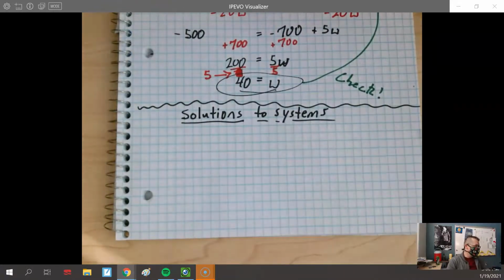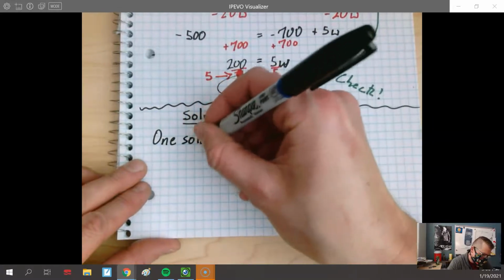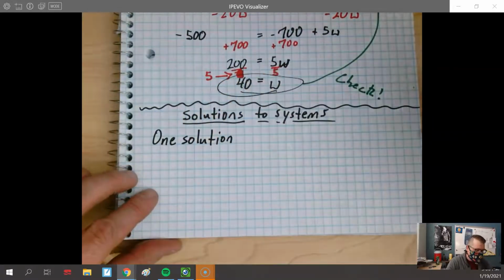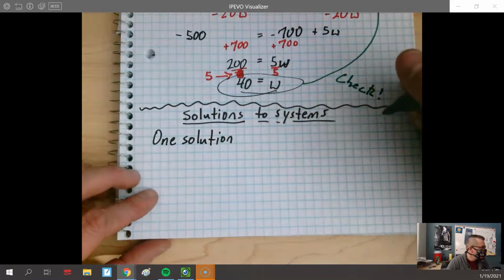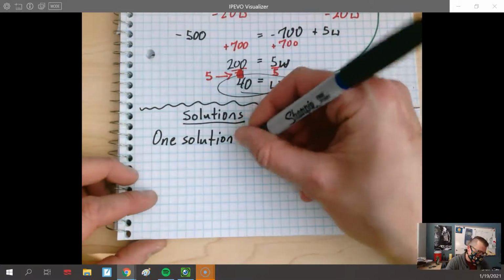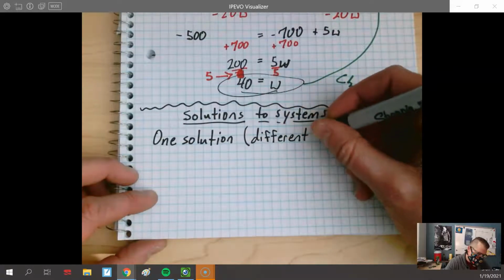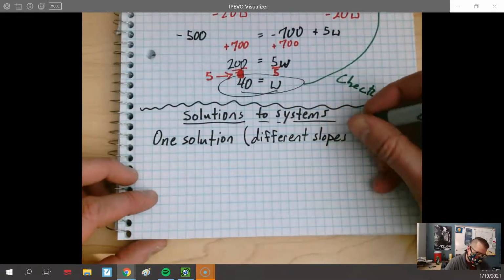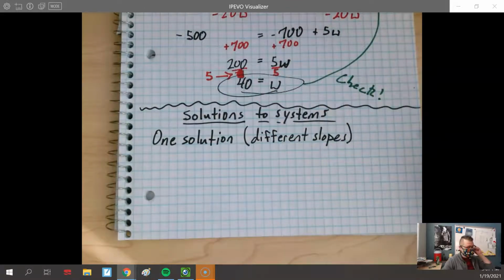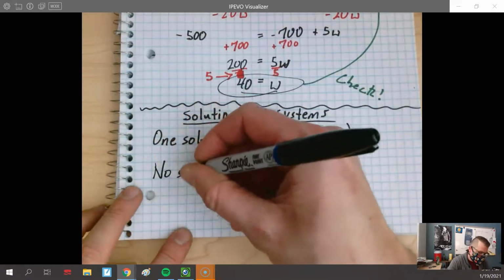There is either one solution, which on a graph would mean they intersect once, meaning they have different slopes. There might be no solution.